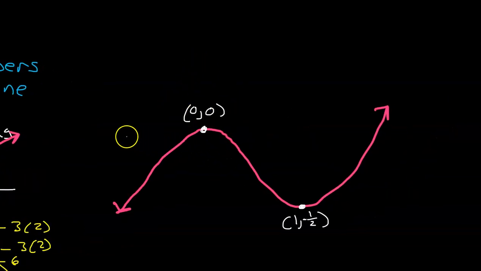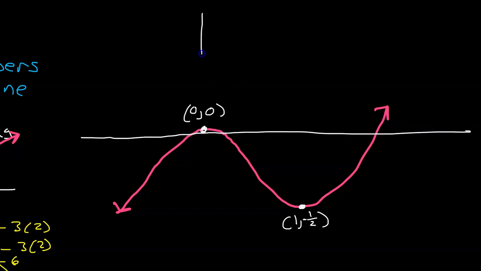Okay, so that really lets us know a lot about what this graph should look like. So this is (0, 0), so this should be right at the origin. And this looks deeper than it really is because it should be at negative 1/2. Now let's look at the real graph and see how we did.